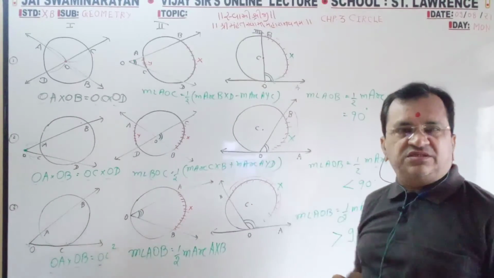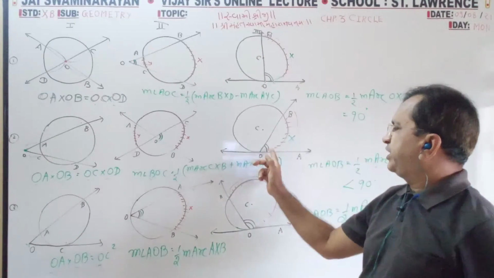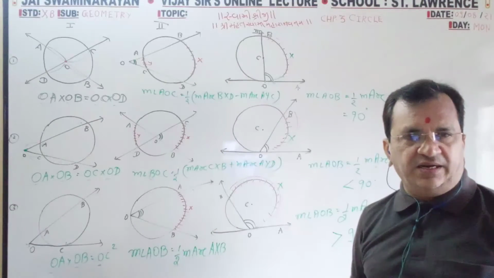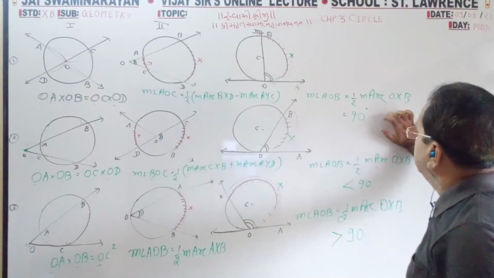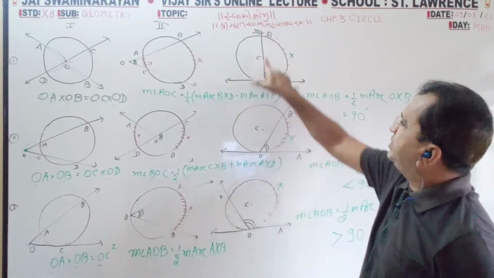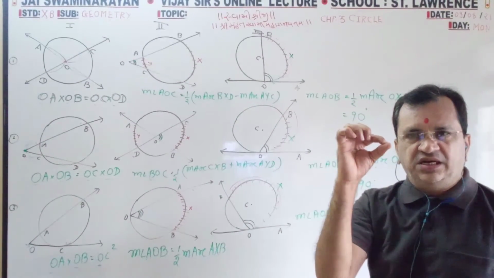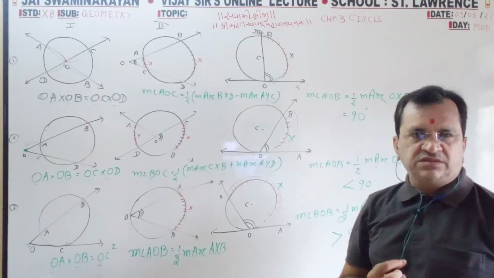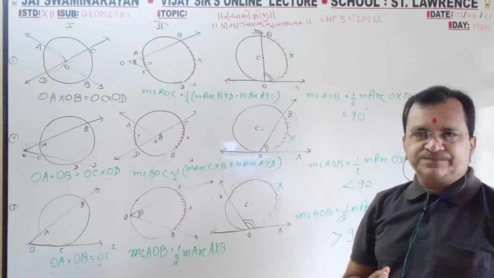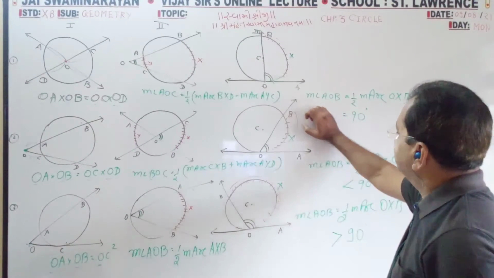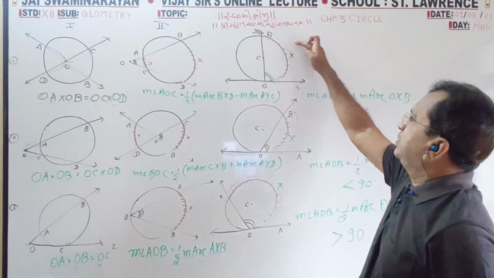All three are tangents. A secant can pass through the center. Secant forms an acute angle. Secant forms an obtuse angle. So again this angle is half of the arc. That arc is exactly a half circle, a semicircle.